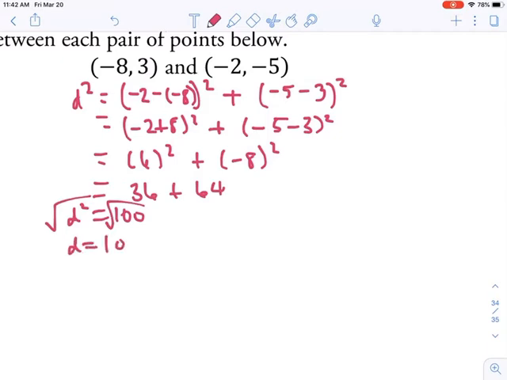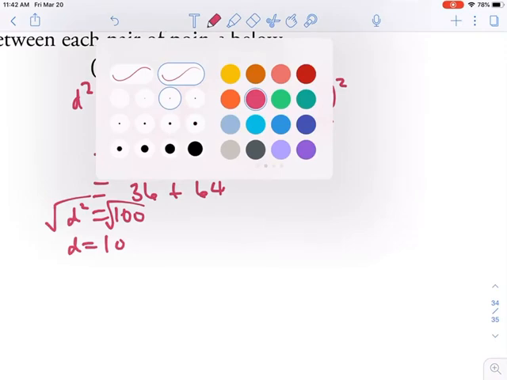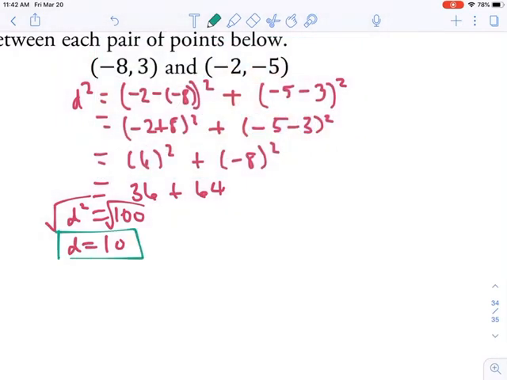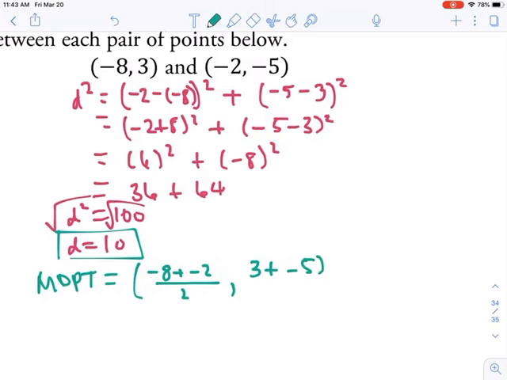Okay, let's do the midpoint. So again, we're going to add our x1 value, that's -8, plus our x2 value, -2, divided by 2 to average it. And then we're going to do the same thing with y: y1 is 3, plus y2, which is -5, divided by 2, to average it.